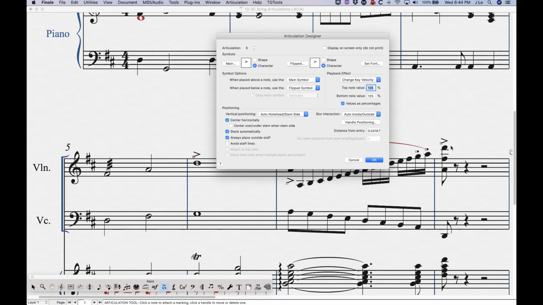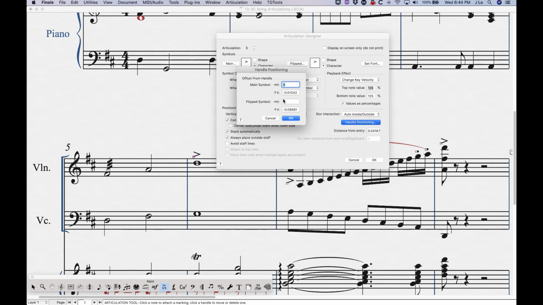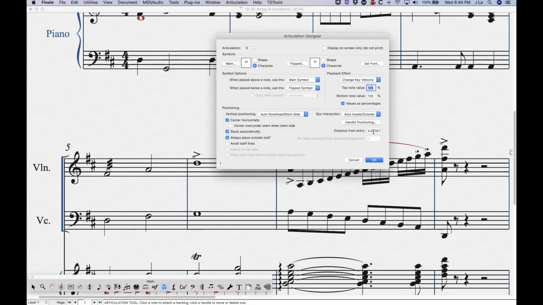And then you can use the handle positioning offsets to further change the vertical positioning from there. So actually, these offsets will add or subtract to this distance from entry, if that makes sense. There's some implications for this, which I'll explain in a second. But I just wanted to show you what would happen. We have a value of 0.04 on this accent.